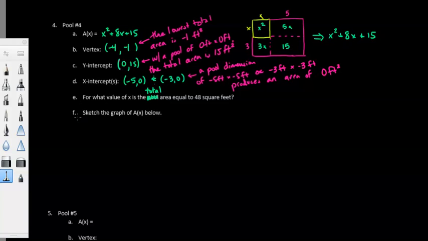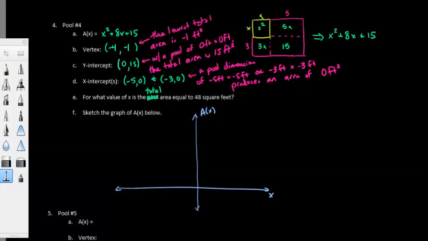So let's jump down here to F and sketch the graph of this function. To sketch the graph, the first thing I want to do is draw my axes. My vertical axis is my area based on x, and my horizontal axis is just going to be called my x-axis. And I'm going to plot these 4 points plus the one that we said is kind of like a twin of the y-intercept point.